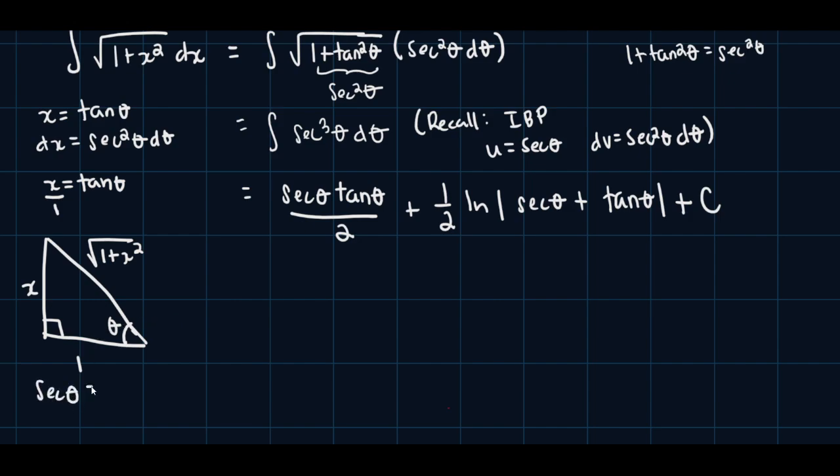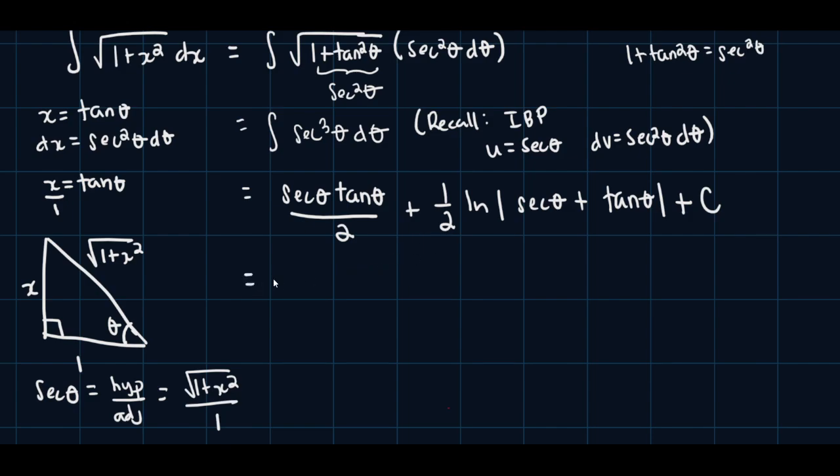Secant theta is hypotenuse over the adjacent side. So in this case, square root of 1 plus x squared all over 1.